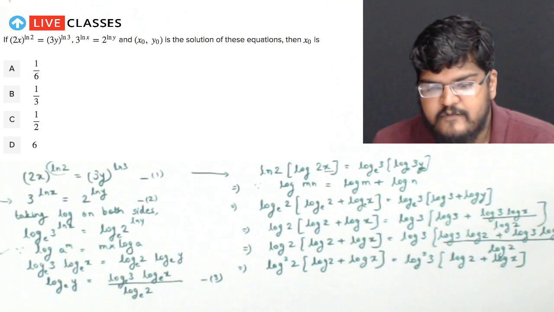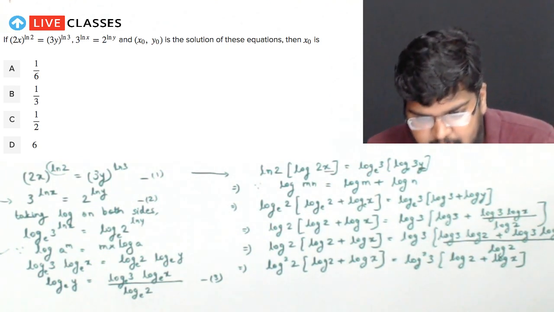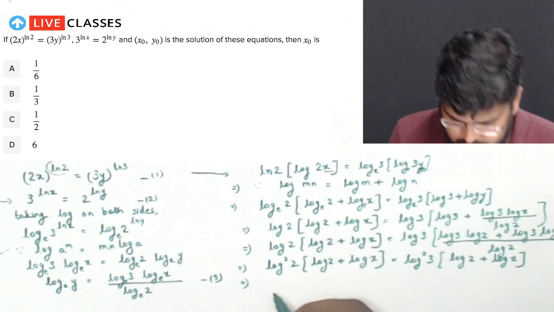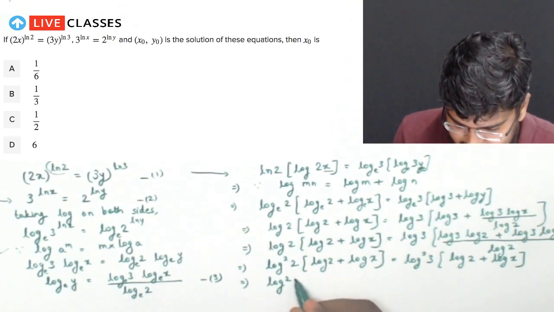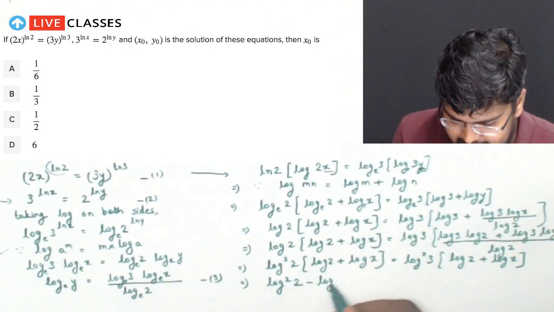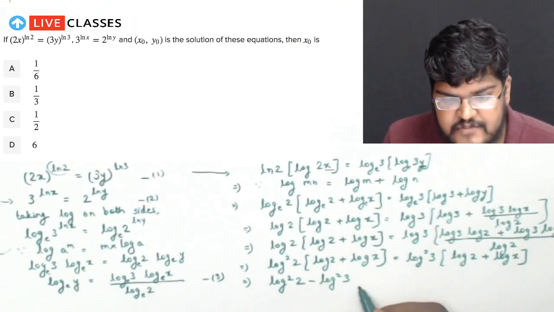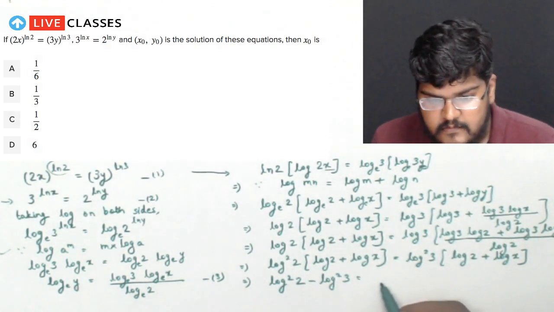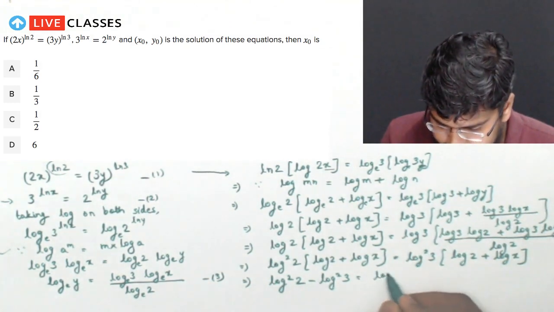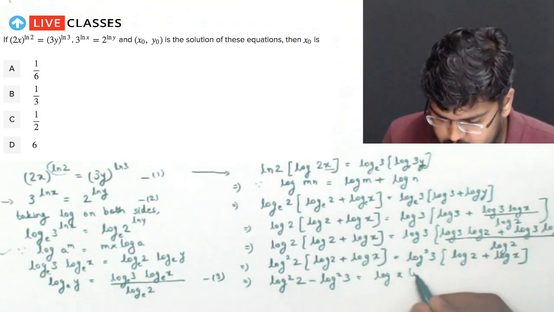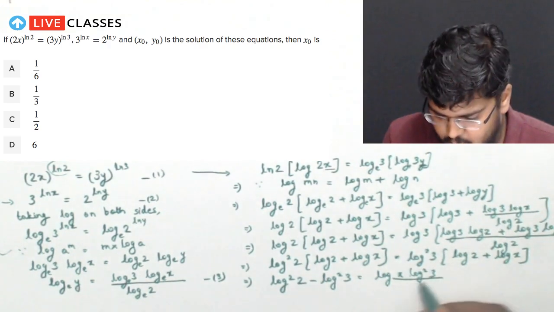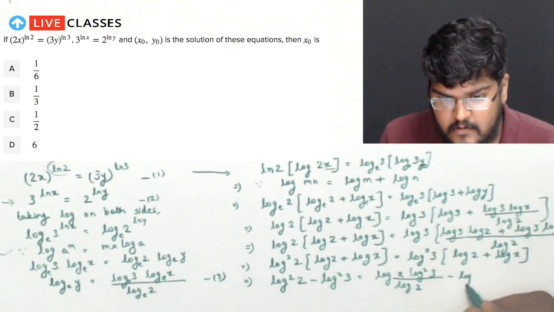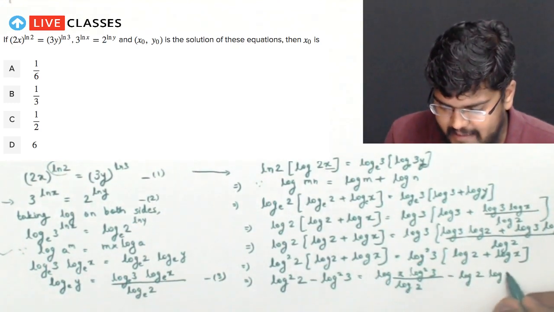So the next part that you have to do is try to simplify this equation, and upon simplification you are going to reach this place, that log square 2 minus log square 3 is equal to log x times log square 3 upon log 2 minus log 2 times log x.